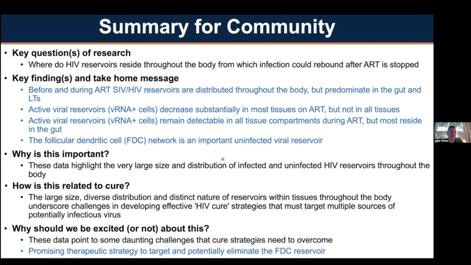And that the follicular dendritic cell network is an important uninfected viral reservoir that we really need to think about and need to address during our HIV cure strategies. And we're exploring the promising therapeutic strategy of this anti-CD21 as a potential component in a cure-related strategy that most certainly will include a multiplicity of different potential treatments to target all of the viral reservoirs within an infected host.